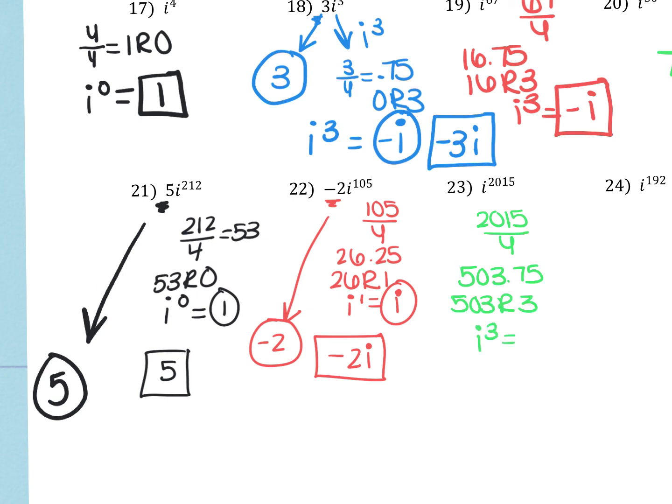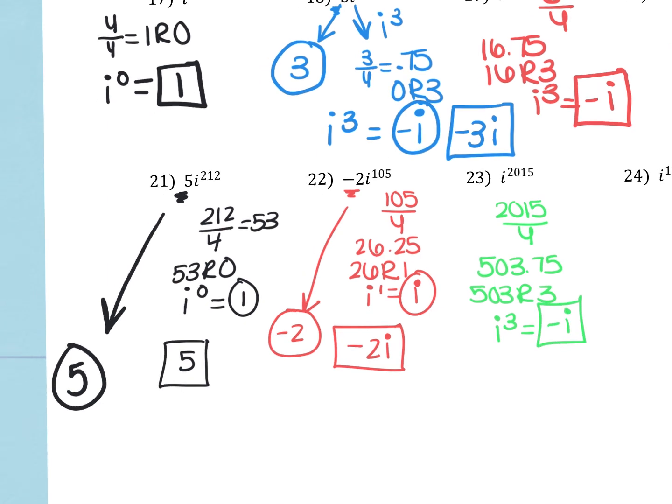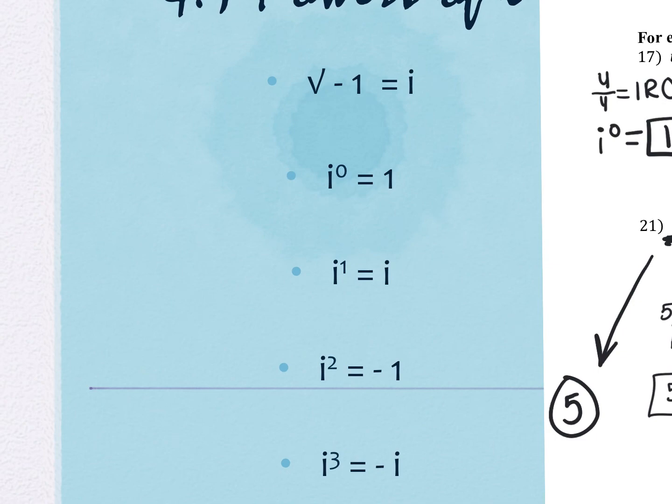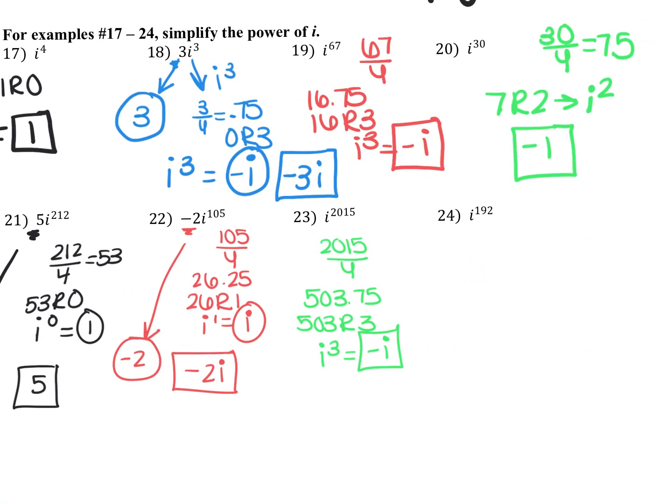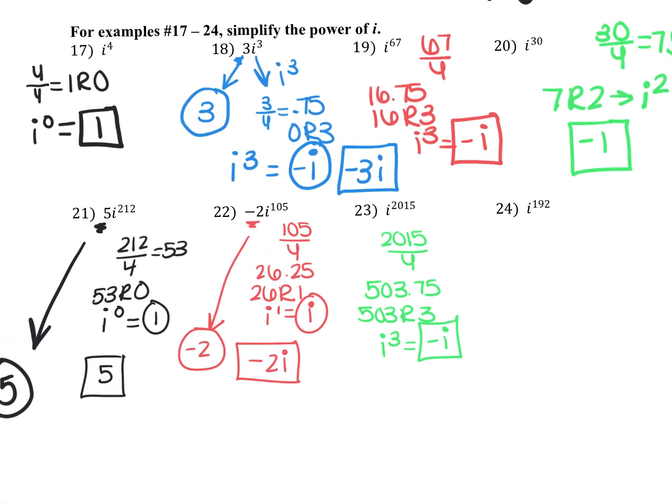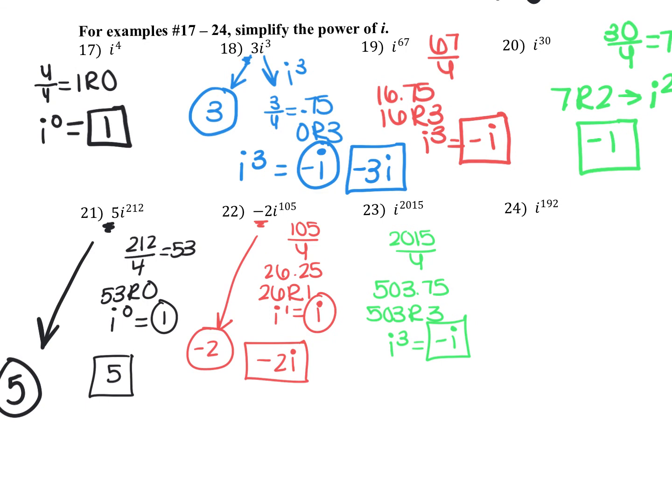So I to the third simplifies to negative I. Again, if you need to use a little cheat sheet on there, go ahead, or your Quizlet cards, whatever is going to work. And lastly, if we go over to the last one, 192 divided by 4 is 48. There is no remainder, so I to the 0 power is equal to 1.